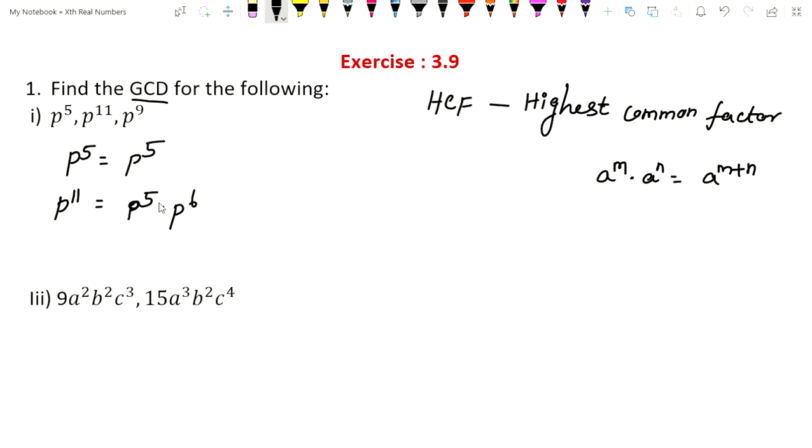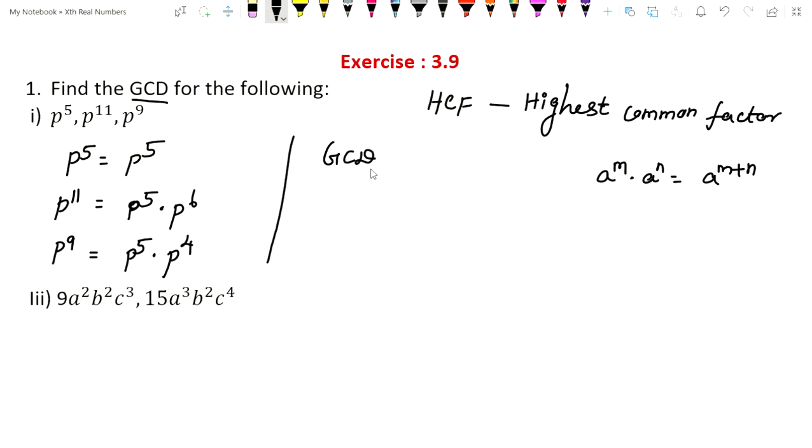So 5 plus 6 you will get 11. So p power 11 is written as p power 5 into p power 6. Then p power 9 equals p power 5 into p power 4. 5 plus 4, what will you get, children? 9.